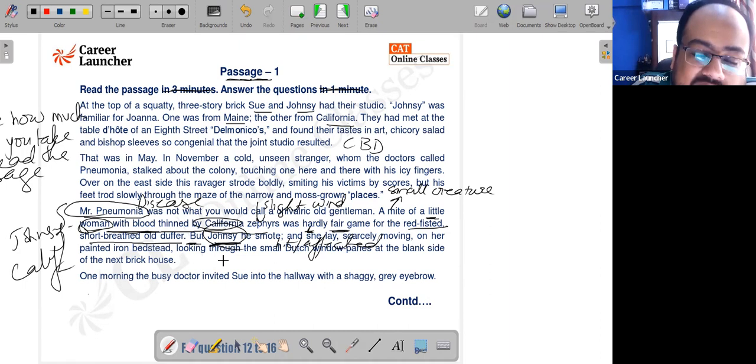Figurative language is something we'll discuss in one of our RC classes, where we discuss figures of speech, personification, etc. So in this paragraph, they have personified pneumonia as a person who affects John C. And John C. is the person who comes from California. So that is what this third paragraph said.